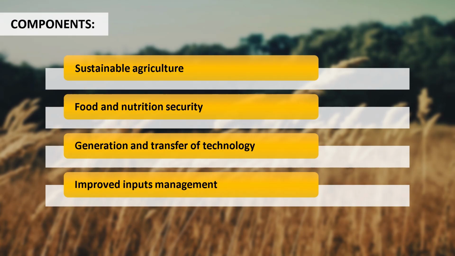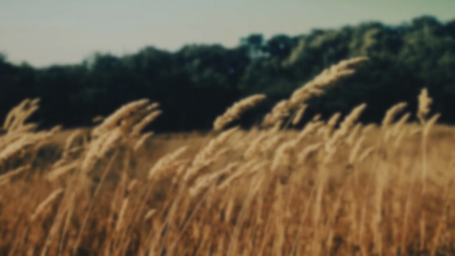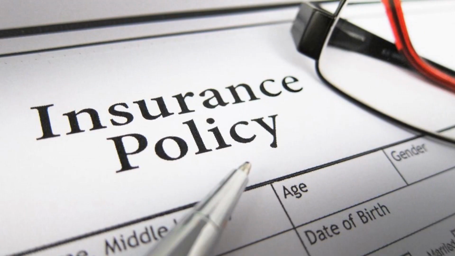And then various actions were promoted to provide incentives for the agriculture sector. Then there was a focus to increase investment in the agriculture sector, particularly in infrastructure and agro processing. And greater roles were provided to institutions in the agriculture sector, and various instruments such as insurance were suggested in the national agriculture policy to manage agriculture risk.